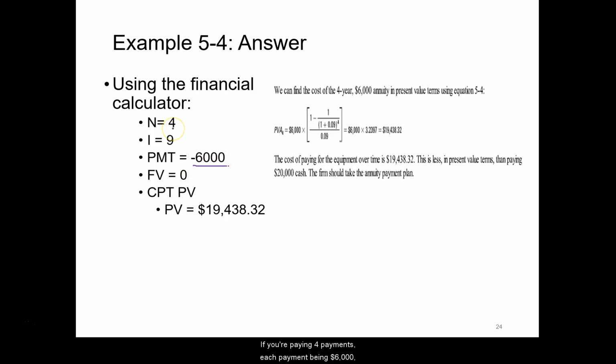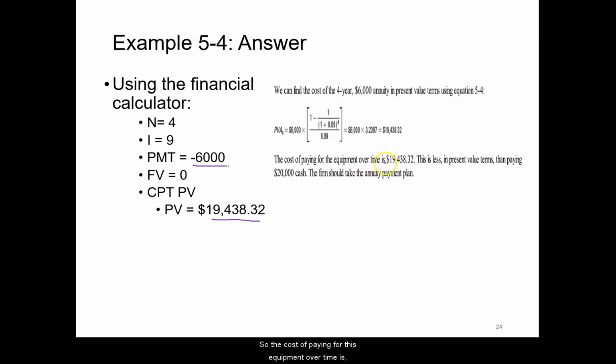If you are paying 4 payments, each payment being $6,000, using the 9% interest rates that you can get, the present value will be $19,438. So this is the present value of this 4-year annuity based on 9% interest rates. You can get this result either by using the financial calculator or by plugging numbers into this present value of annuity equation. Either way, you get the same result.